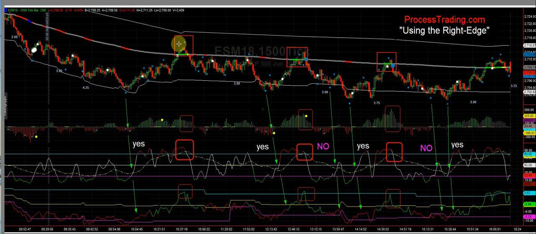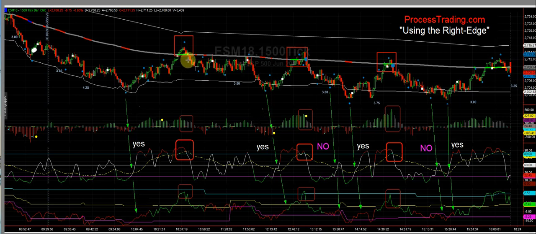And the way that you do that is you enter it from the low of the bar corresponding to the timing alert dot. From the low of that bar, you put your trade order in 2 points away from it. In this case, 2 points below it.